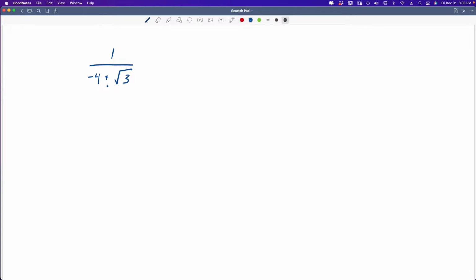What we have to do in algebra, and this is 67.1 by the way, is multiply this by what's called the conjugate. The conjugate is easy to determine. We just change the sign between these two. The conjugate of negative 4 plus the square root of 3 is negative 4 minus the square root of 3.